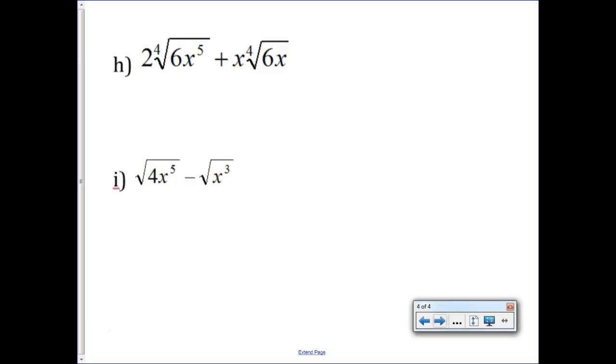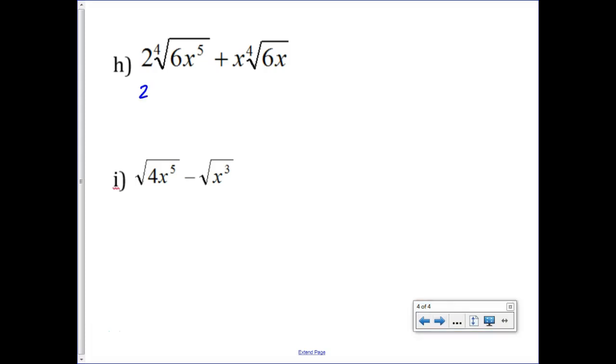All right. Then we can simplify with adding and subtracting here. So we want to see if we can take anything out to make the radicands the same. So 6x to the 5th. Well, I think the 6 is stuck, but that x to the 5th, I know that I can take 4 of those x's and pull those out front.